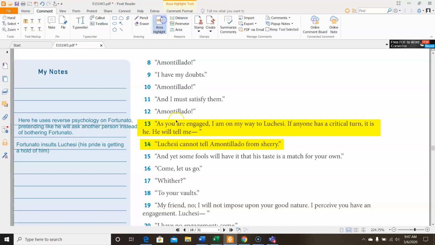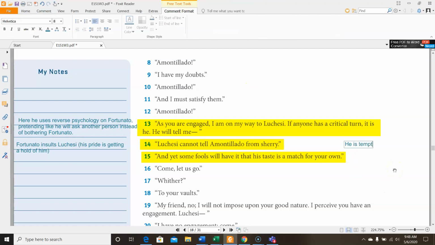So here he's saying that some people think that Lucchesi is as good at telling wines apart as Fortunato. So he's tempting Fortunato into going with him to look at the Amontillado without directly asking him to do so. It's kind of like when you hint to somebody that you want something to happen without asking them to do it, so that it seems like their own idea.